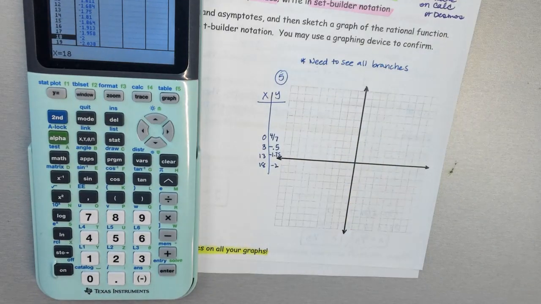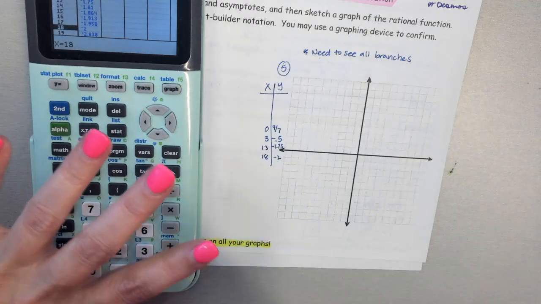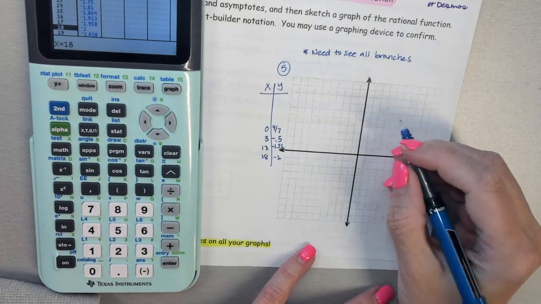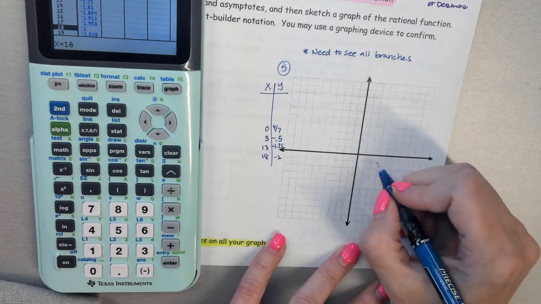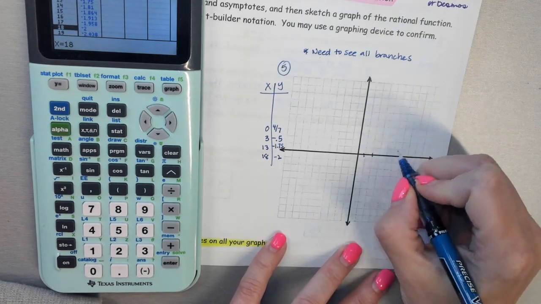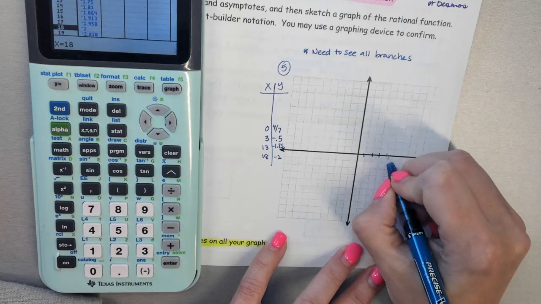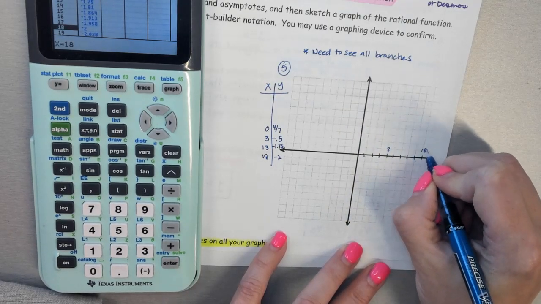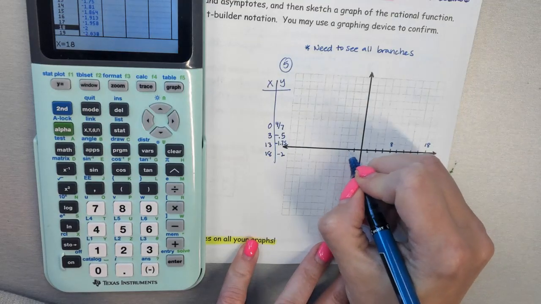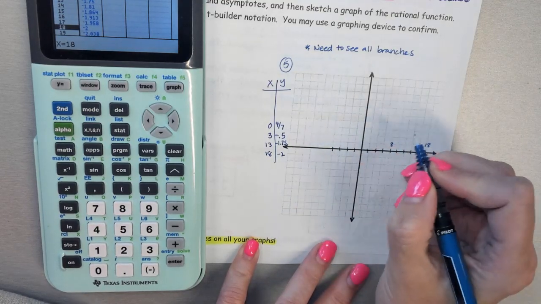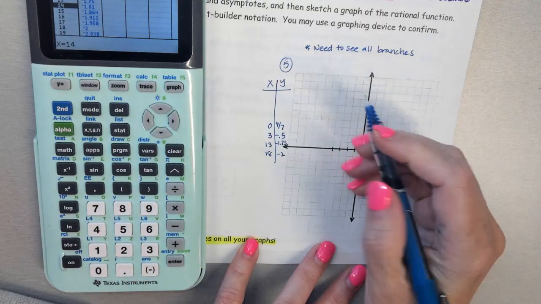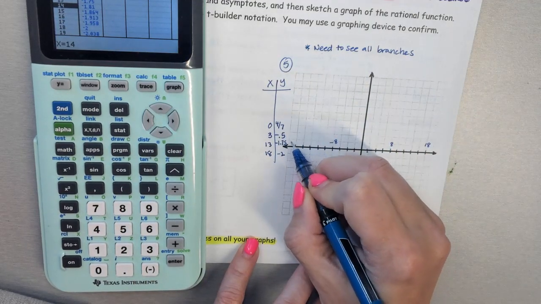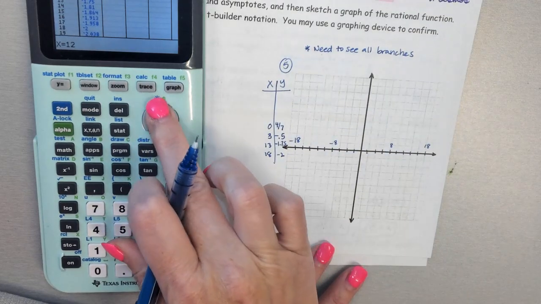Based on what I'm seeing here, I'm going to want to label both of these by 2 because you were given a 10 by 10 grid. So this would be 2, 4, 6, 8, 10, 12, 14, 16, 18. And 2, 4, 6, 8, 10, 12, 14, 16, negative 18.